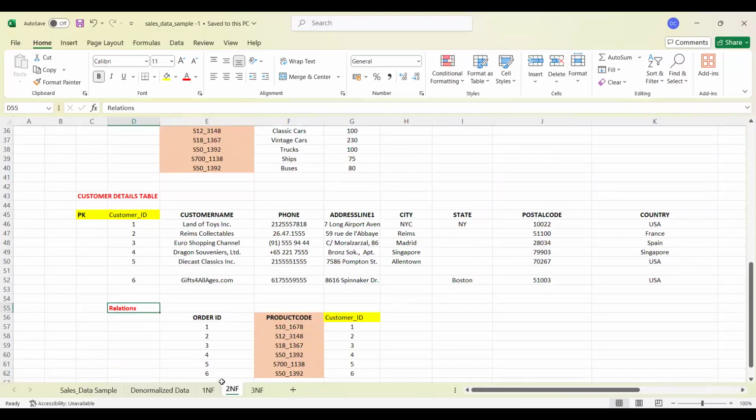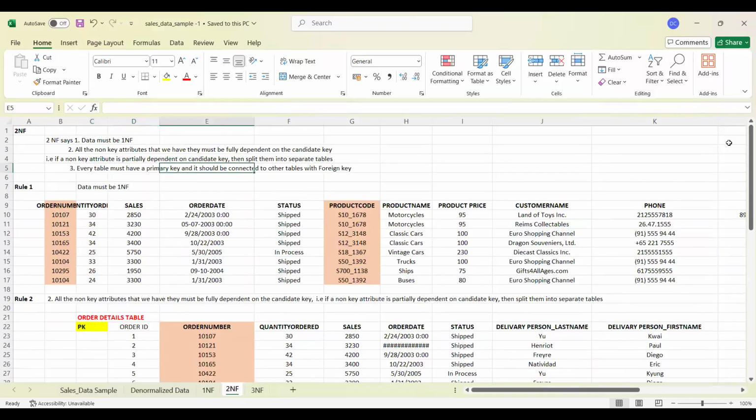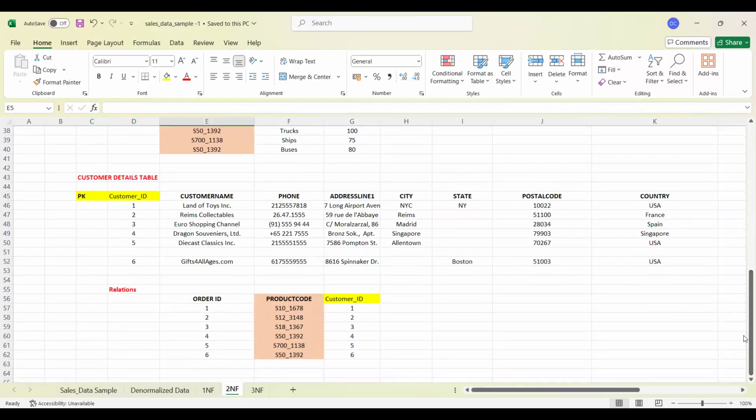By default we will call this table relations or relationships. By creating it like this, our last rule is also satisfied. Here all these columns will act as foreign keys.